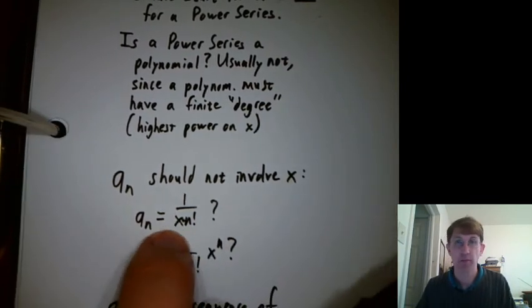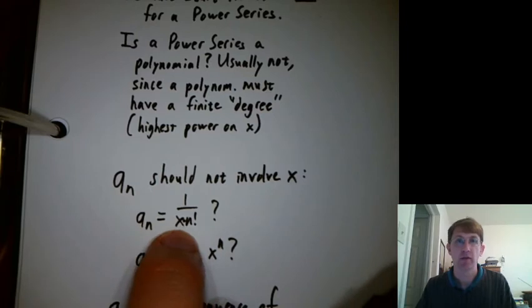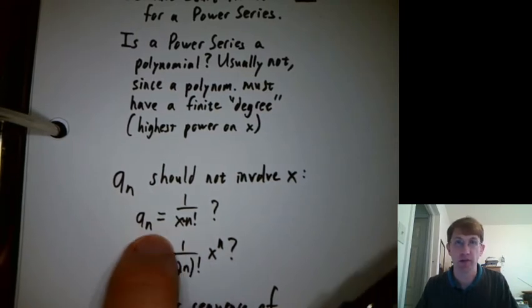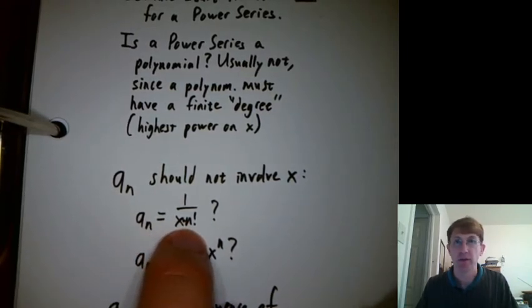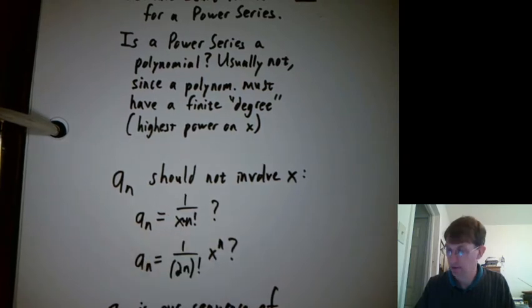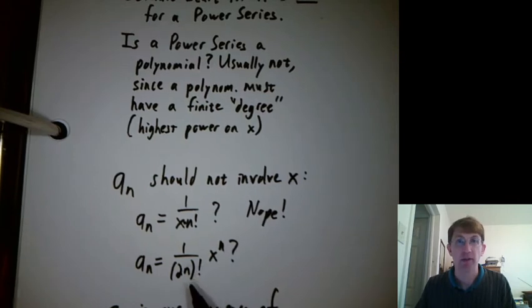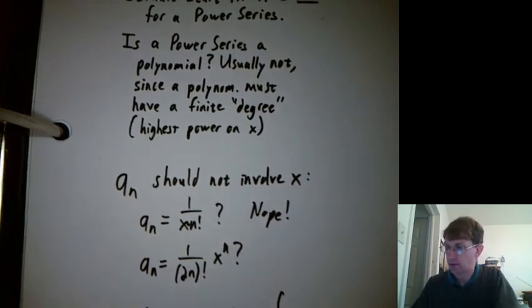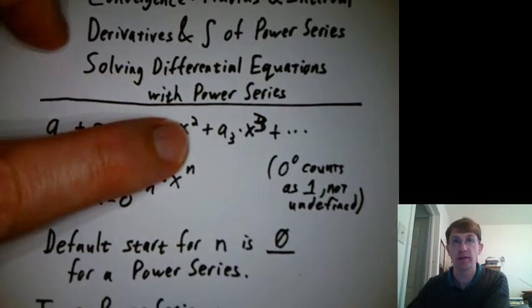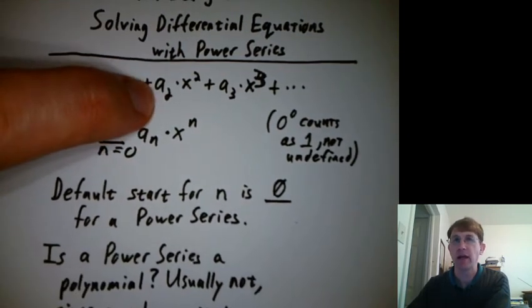So is this an acceptable way to write it? There will be different formulas for a sub n for different power series, but is this one acceptable? No, because it has an x in it. So that's not allowed. How about this one? 1 over 2n factorial times x to the n. Well, the terms are something times x to the n, but that's not the a component.